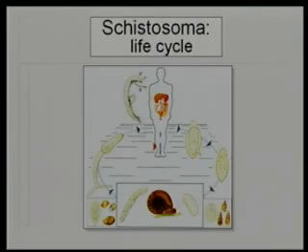In the life cycle, humans get infected when they are bathing or swimming in water that is infested with these flukes. The obligate intermediate host is certain species of snails.